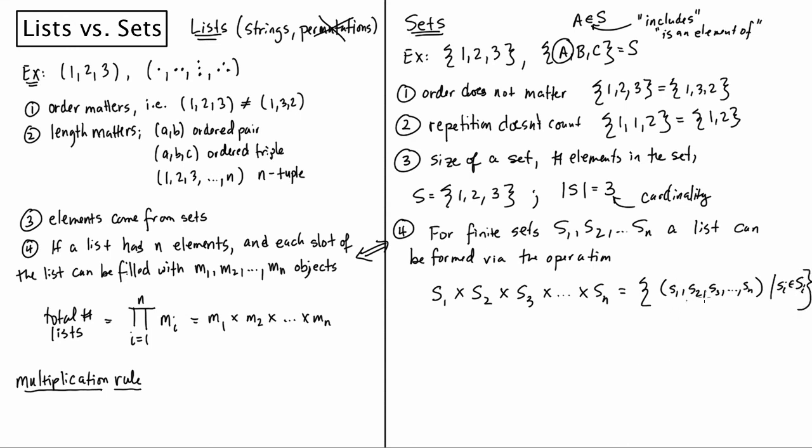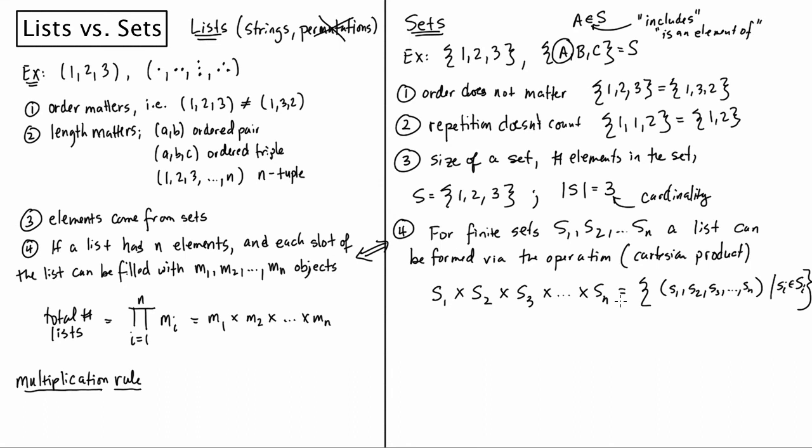In other words, each of these s_i is an element of the larger set S_i that it came from. For example, s1 is an element of the set capital S1, and s2 is an element of the set capital S2. You could think of this operation, the Cartesian product, as matching elements from the n sets and putting them into a list.